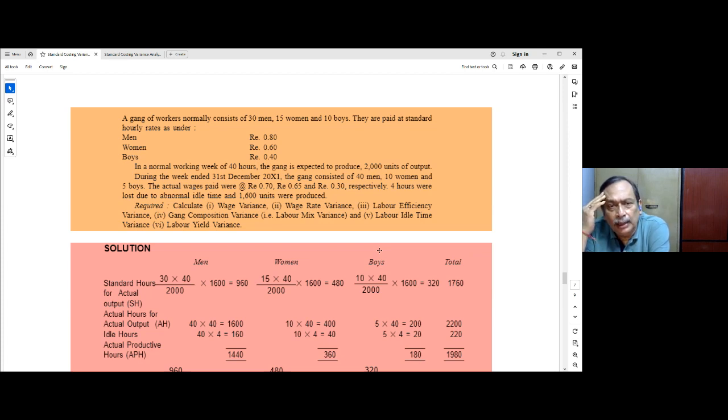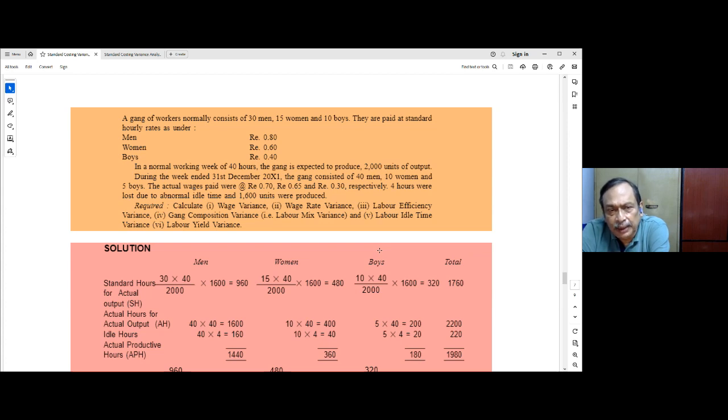In a normal working week of 40 hours, the gang is expected to produce 2,000 units of output. During the week ended 31st December, the gang consisted of 40 men, 10 women, and 5 boys.